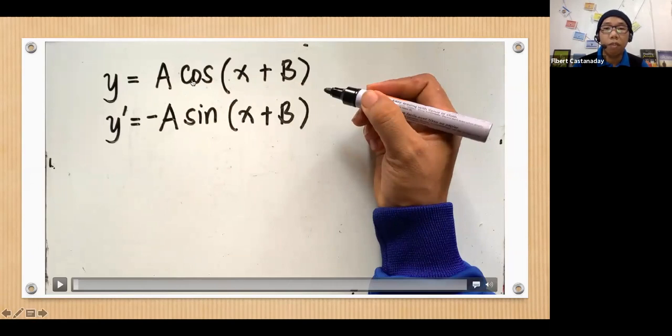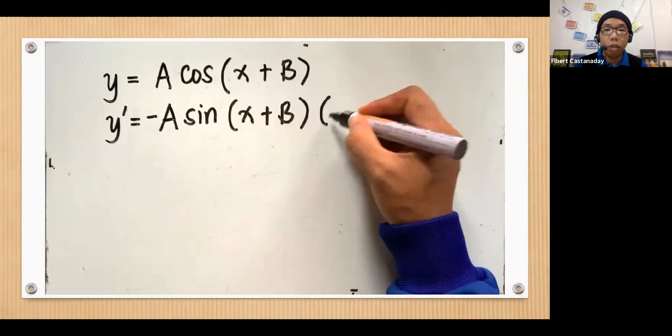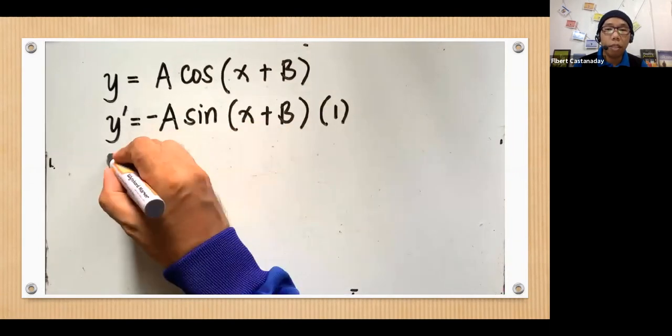So we just copy cosine x plus b. The derivative of cosine is negative sine. You just copy the constant a. And then, of course, you are to differentiate x plus b with respect to the independent variable, and that is equal to 1.